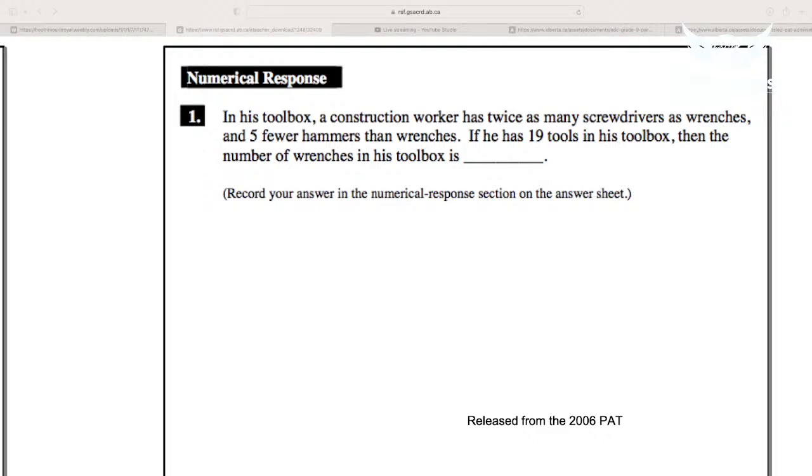So we have 4x minus 5 equals 19. 4x equals, plus 5 on both sides because we have negative 5, so we add 5. 19 plus 5 is 24. And from here, we divide by 4 both sides. x equals 6. So the number of wrenches in the toolbox equals 6.